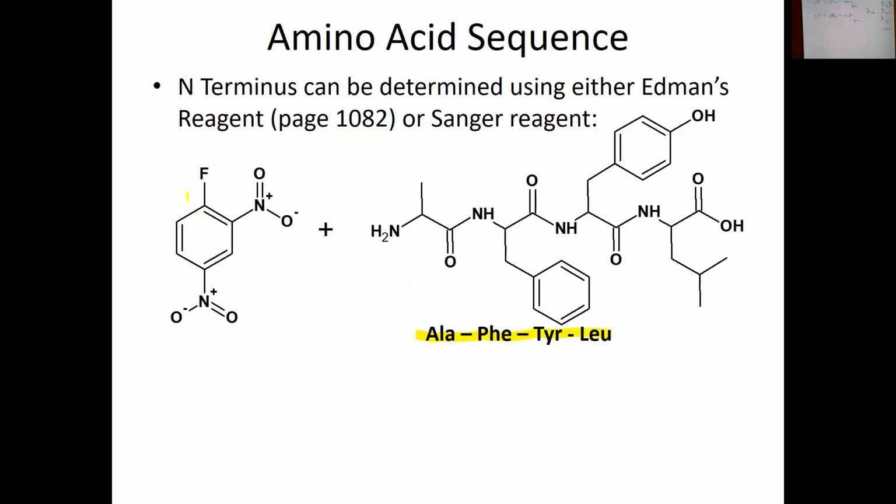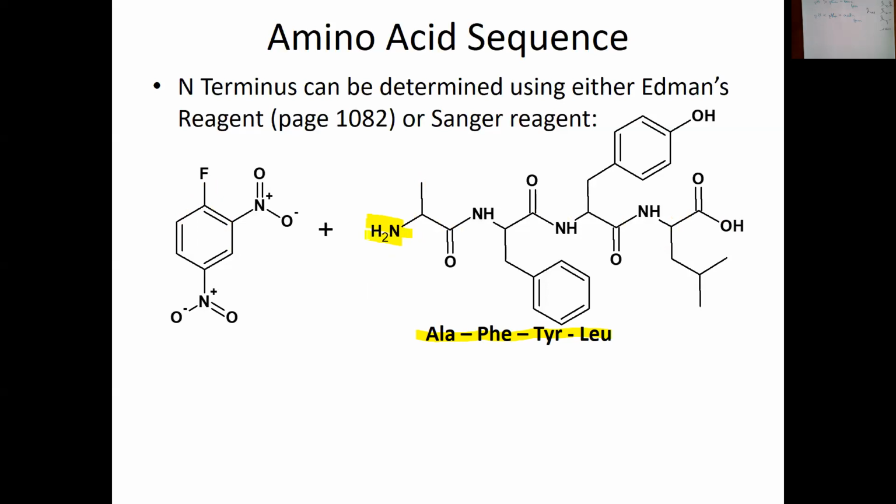This very deactivated benzene is really good at nucleophilic aromatic substitution through a Meisenheimer intermediate. So the nucleophile that's going to attack from this peptide is the N-terminus. The N-terminus is your nucleophile, no matter what peptide is in question.